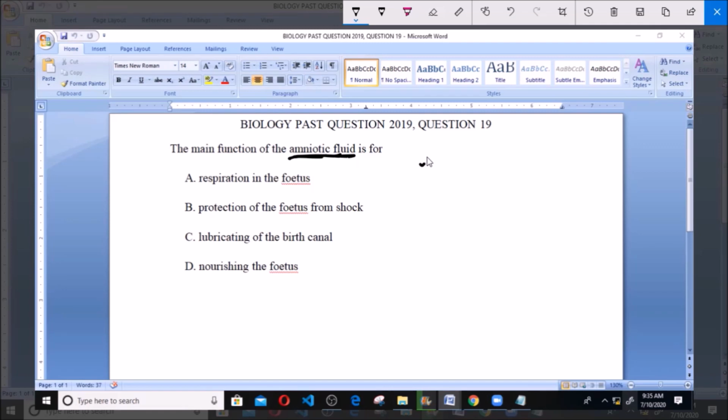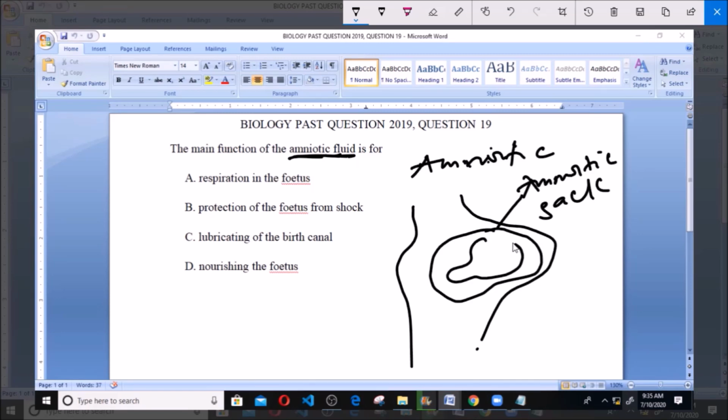Now this is the amniotic sac, and here this is the baby, and this fluid at this point is called the amniotic fluid. The fluid is responsible for protecting the fetus from shock.